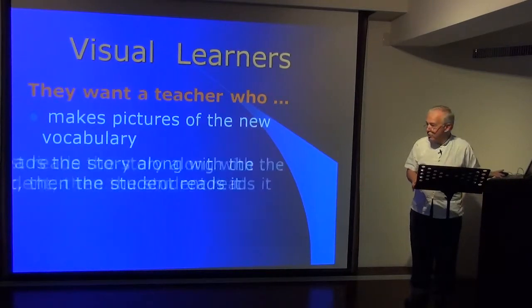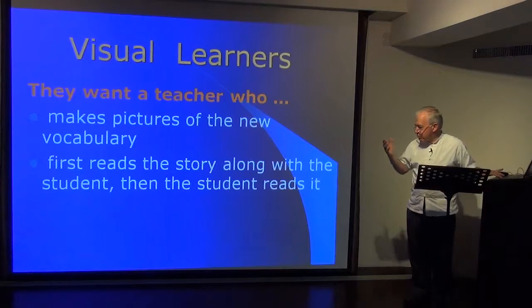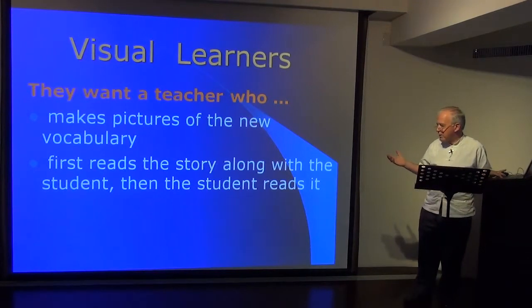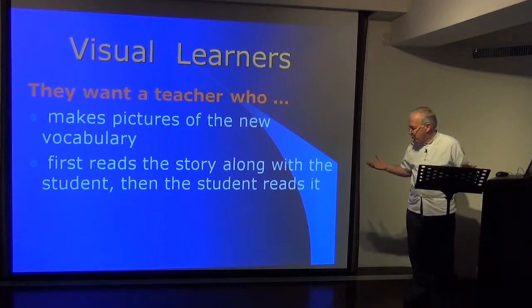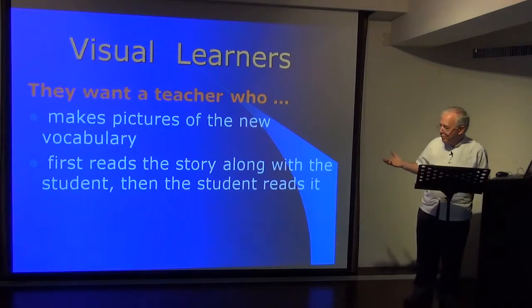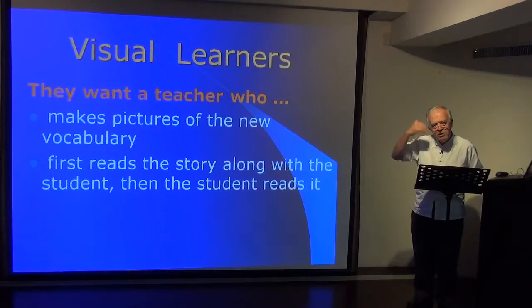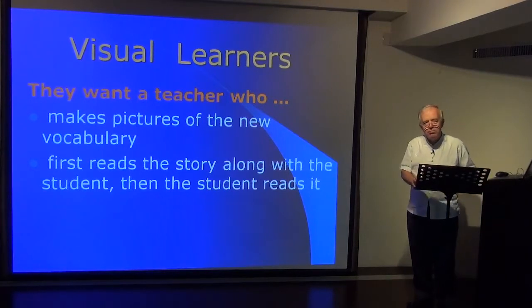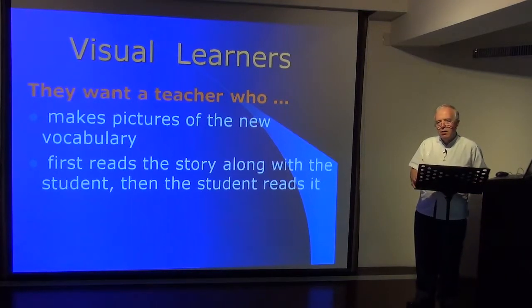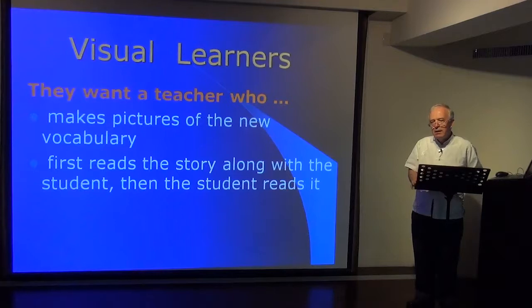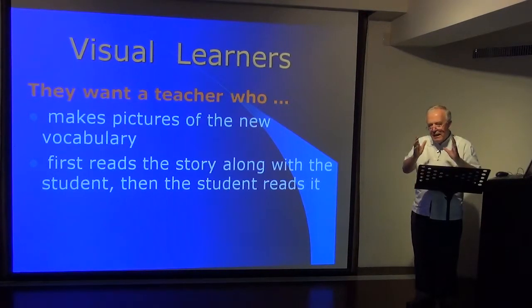They also want to first read the story along with the student, then the student reads it out to the teacher. In fact, think about Ge Lao Shi, who I mentioned right at the beginning. I hated being in his class because he kept saying, please say after me.